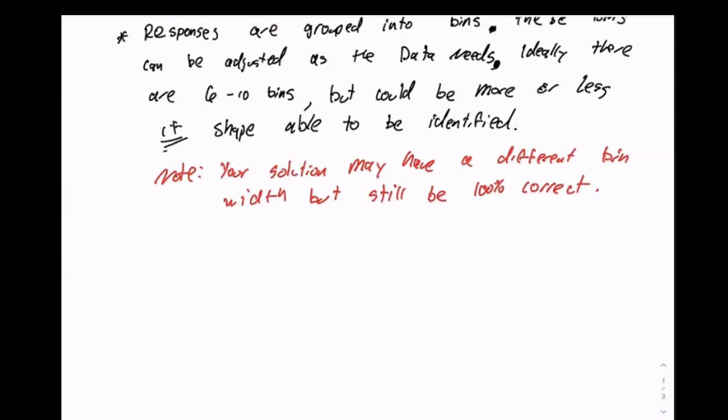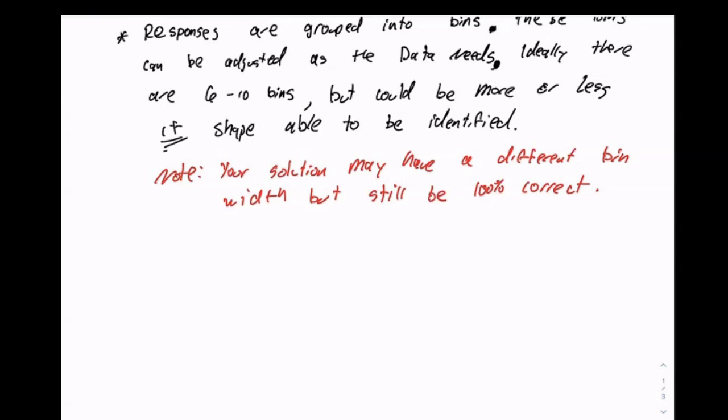For this homework, at the end of this lesson today, I will tell you what bin widths I used in my problems. I'll tell you my minimum value and my bin width, so that you can match yours exactly to mine.